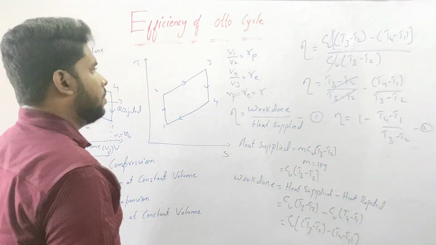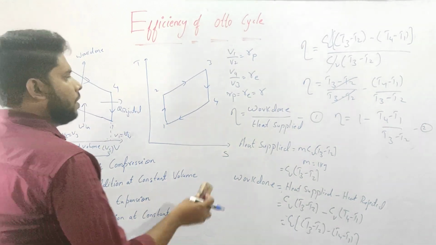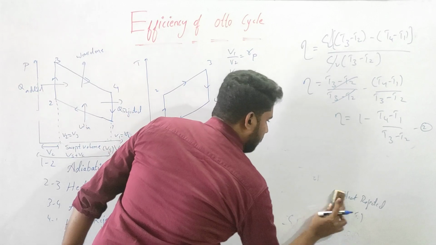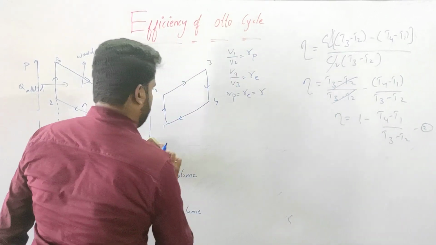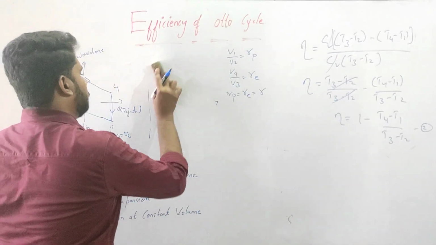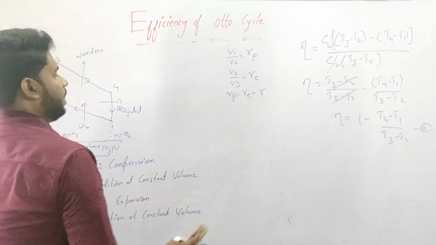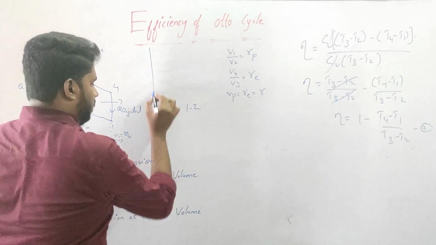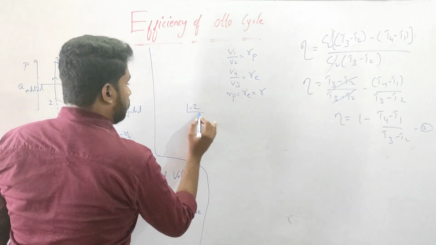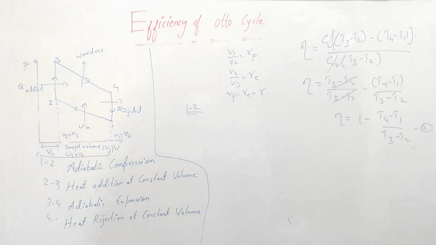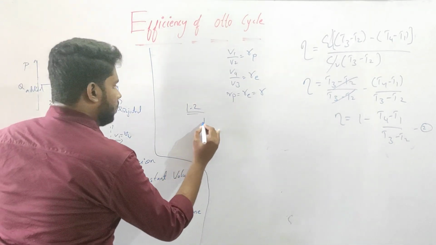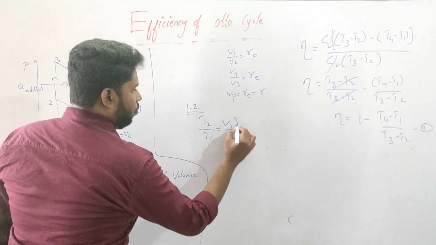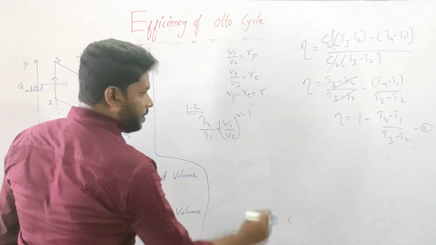Again, I have to convert this in terms of compression ratio. So I will erase this. Now consider the 1 to 2 process, which is isentropic or adiabatic compression. I can write the relation T2 by T1 equals (V1 by V2) to the power of gamma minus 1, where gamma is the adiabatic index.